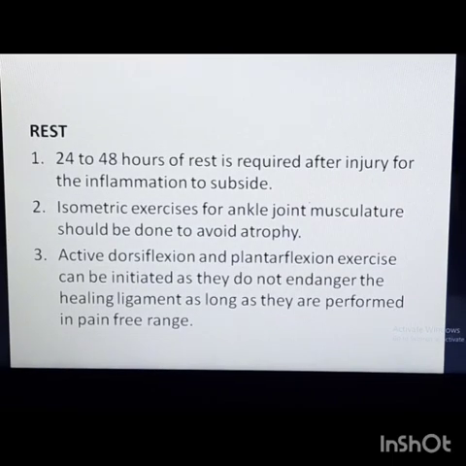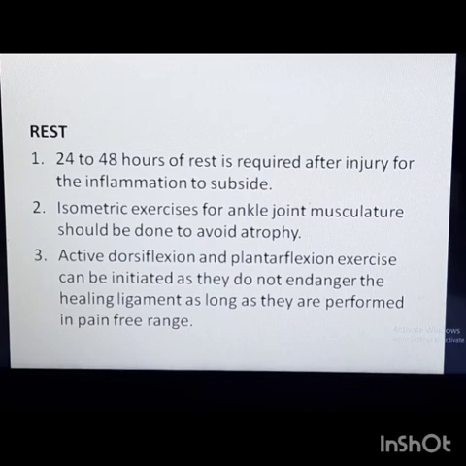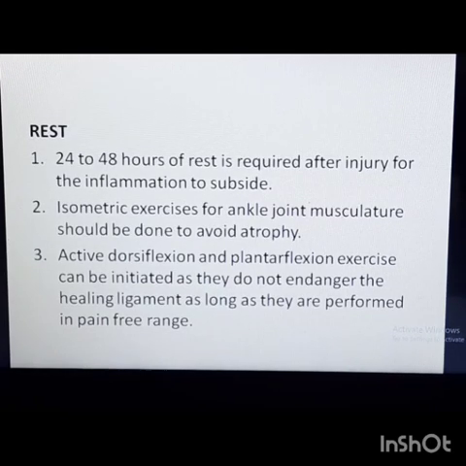Rest. About 24 to 48 hours of rest is required after injury for the inflammation to subside. During this time, they should also start with isometric exercises for the ankle joint musculature to avoid atrophy. Normally when we talk about rest, the players think, okay, I don't need to do anything, just lie on the bed doing nothing with the ankle. But no, start off with the isometric exercises.